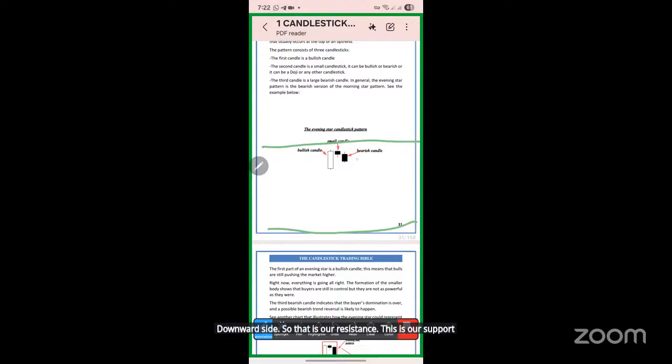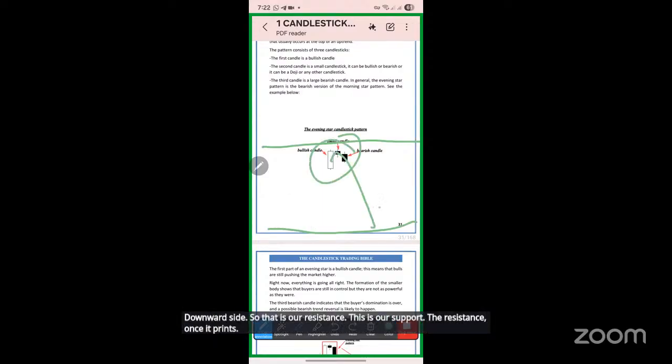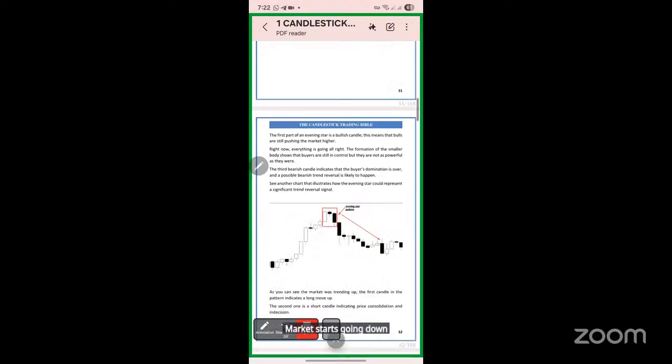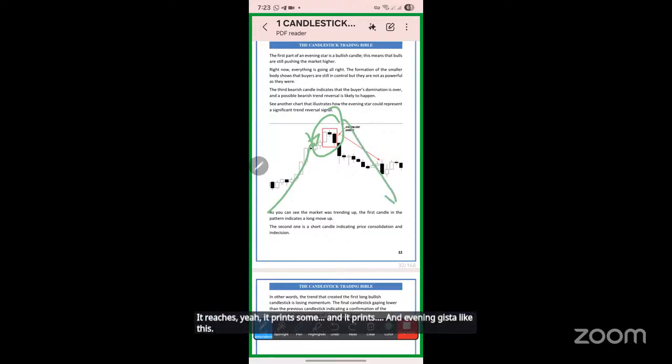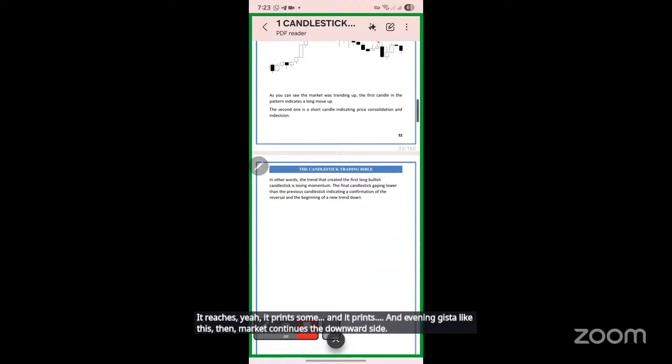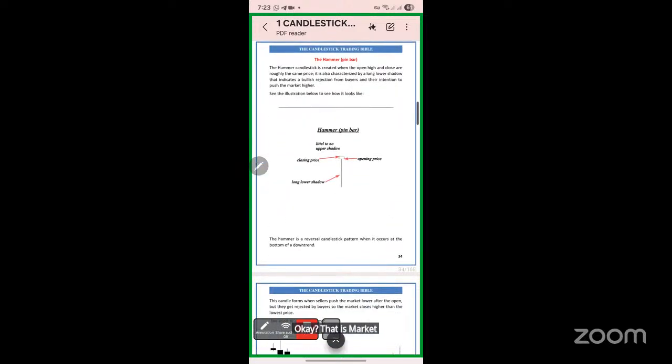At the resistance, once it prints, the market starts going down, as you can see here in the illustration. The market comes like this, reaches here, prints an evening star like this, then the market continues downward. Okay, those are market reversal signals.